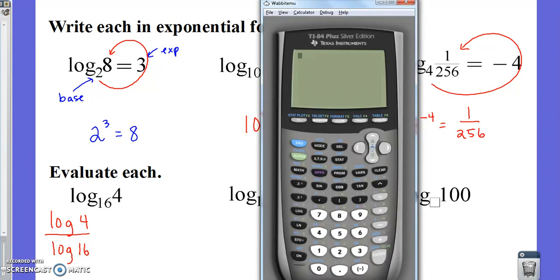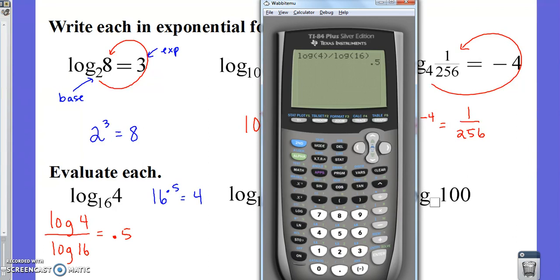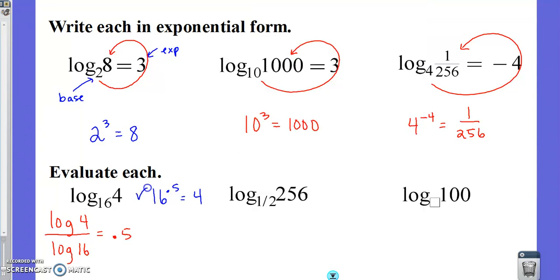So as I do that, I will hit log 4 and close parentheses, divided by log 16 and close parentheses, and I get 0.5. Now I want to think about what that means as we start this section out. This means 16 to the 0.5 power is equal to 4. Let's just test that on our calculator. 16 to the 0.5 power, yes, it's true, is equal to 4, so that does check out.